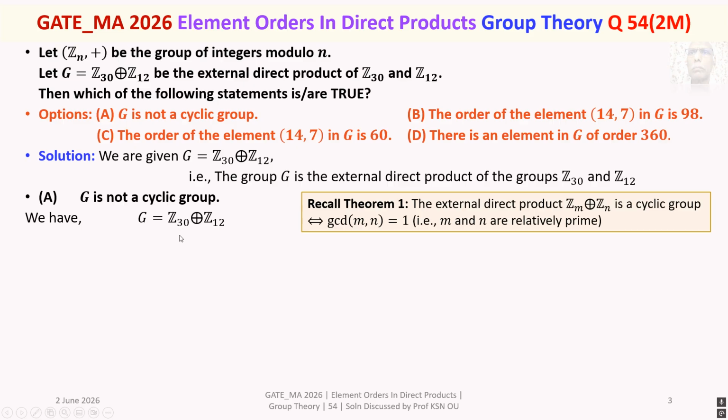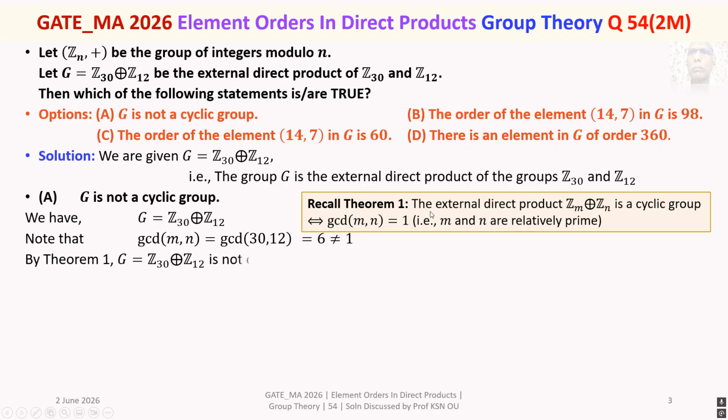In our case, m is 30 and n is 12. Note that the GCD of 30 and 12 is equal to 6, not equal to 1. Therefore, by theorem 1, G is not cyclic. Thus, option A is true. In option A, it is given it is not a cyclic group. Yes, it is not a cyclic group. Therefore, option A is true.